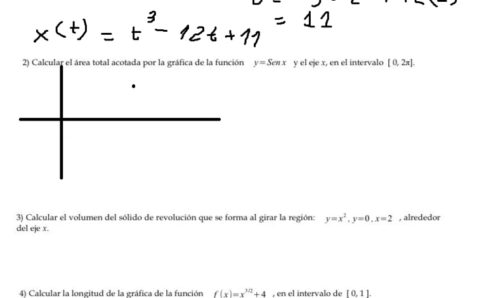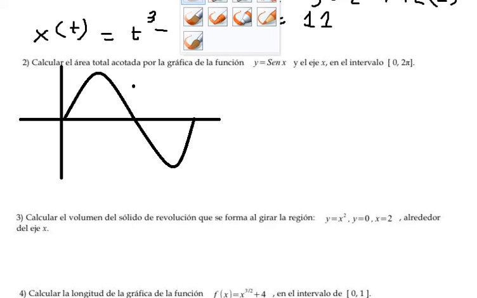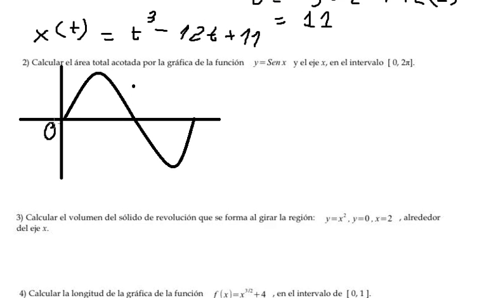The graph should be like this, from 0 to π and 2π. So we see that this is positive, this is negative. So we want to find the area, which means everything in here should be positive.